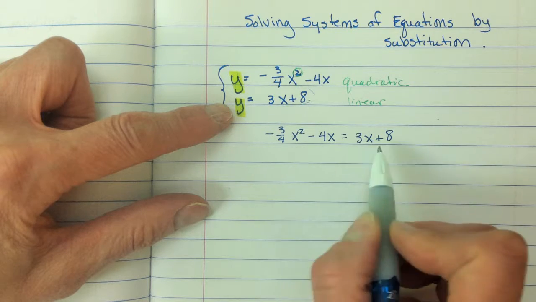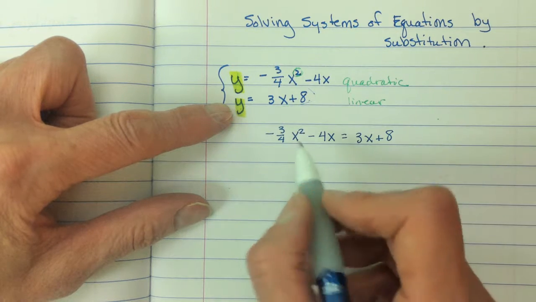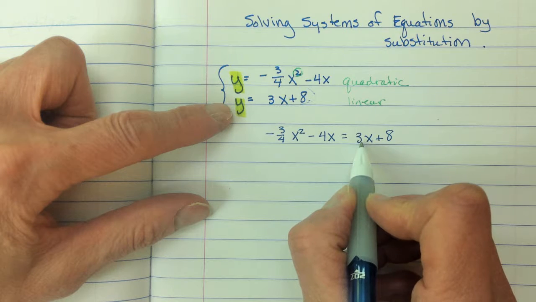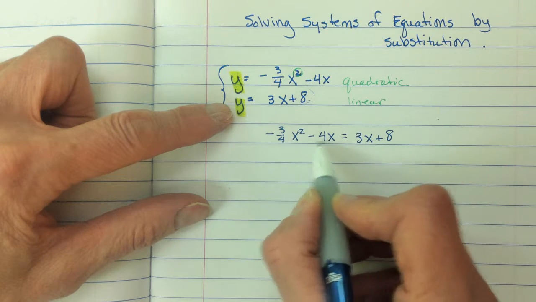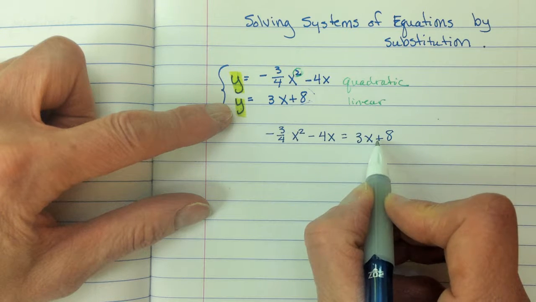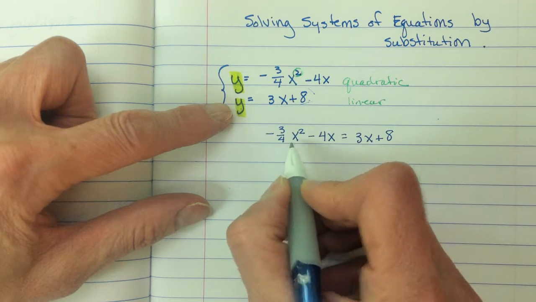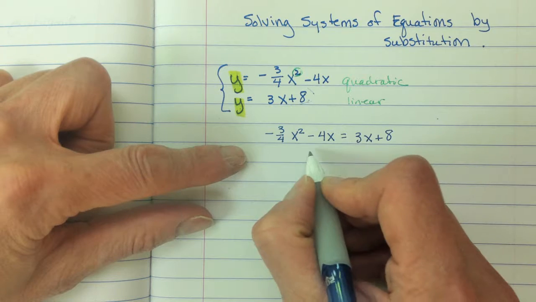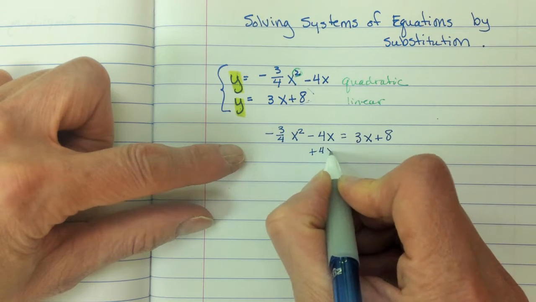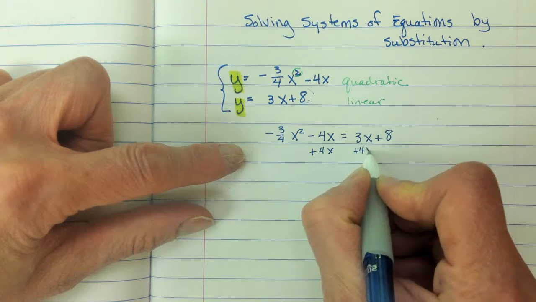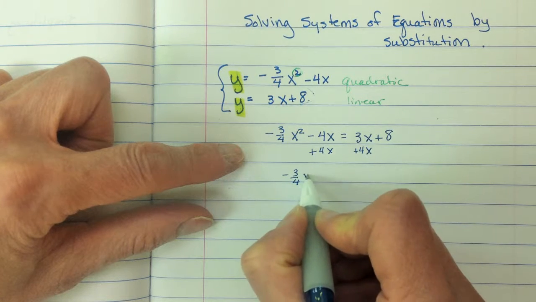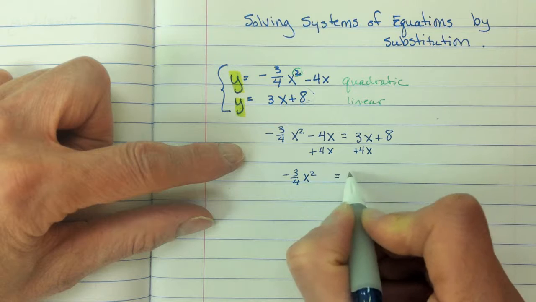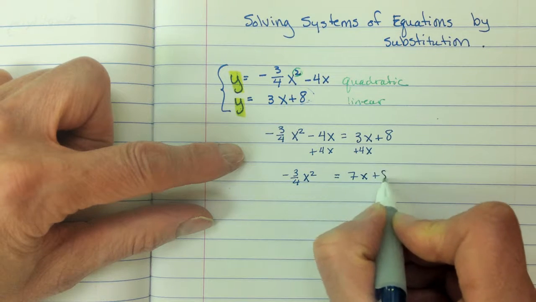Now I'm going to solve by making this equal to 0, because I want to find the zeros since I have a quadratic. I'm going to move all of my terms over to the right side so I'll have positive values. First, let's get this 4x over to the right side, and that gives me negative 3/4 x squared is equal to 7x plus 8.